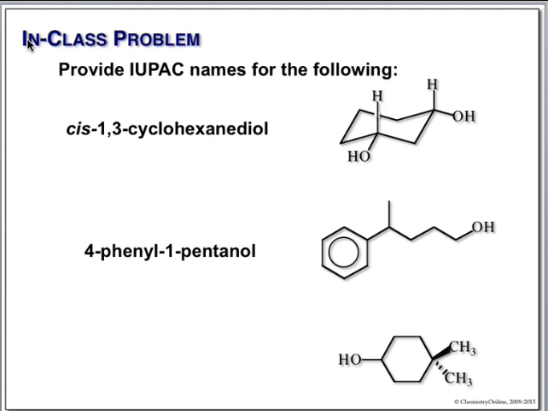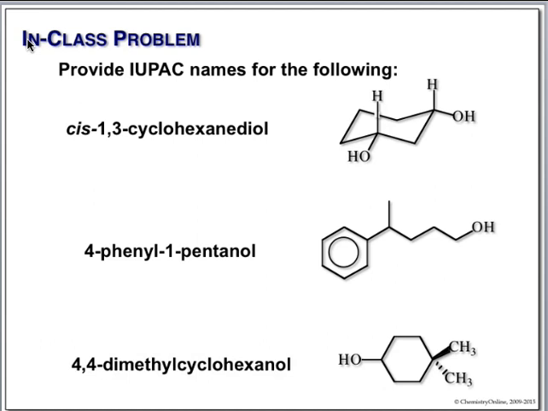Here we have a cyclohexane with a couple methyl groups on it. In the past, we would look at this and say, well, immediately we want that to be carbon 1. Remember, we want the alcohol to have the lowest possible number. So we're going to make that carbon 1, simply call it a cyclohexanol.